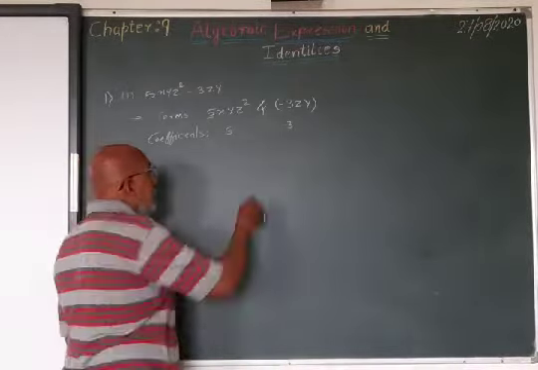So the terms are x upon 2, comma, y upon 2 and minus xy. I will take the minus sign with it. Okay. Now coefficients.